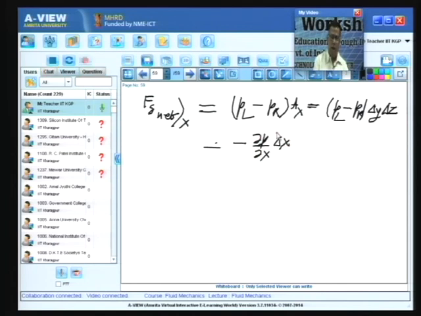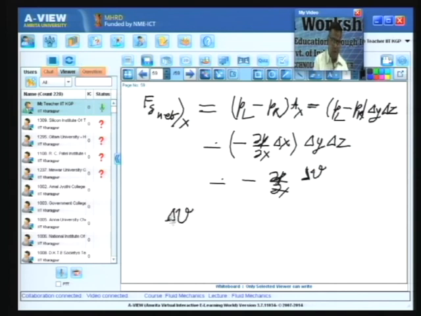So, this quantity is P L minus P R multiplied by delta y delta z. So, we see that this is minus del P del x into delta V, where delta V is the volume.